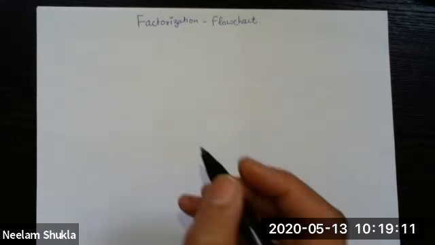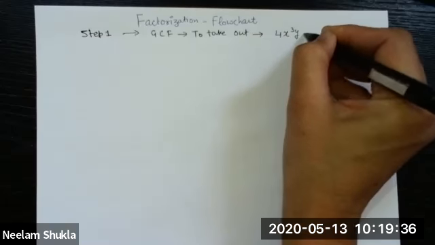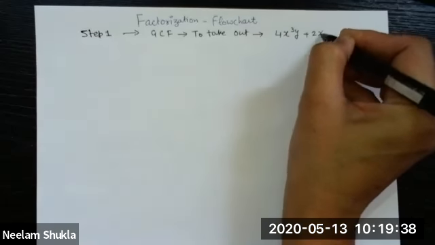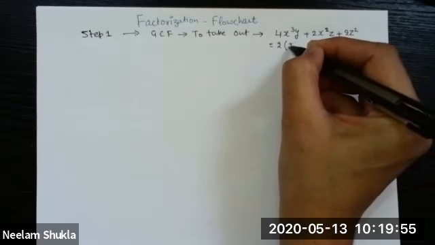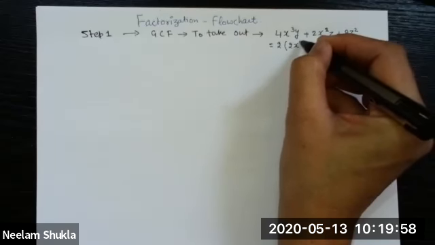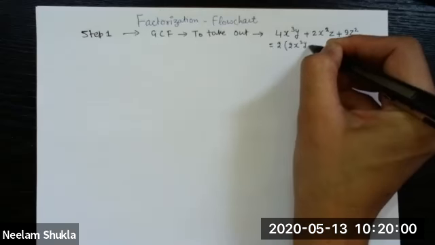For example, if I write down an example here, 4x cubed y plus 2x squared z plus 2z squared. If I look carefully, only the number 2 is the GCF of all these terms.